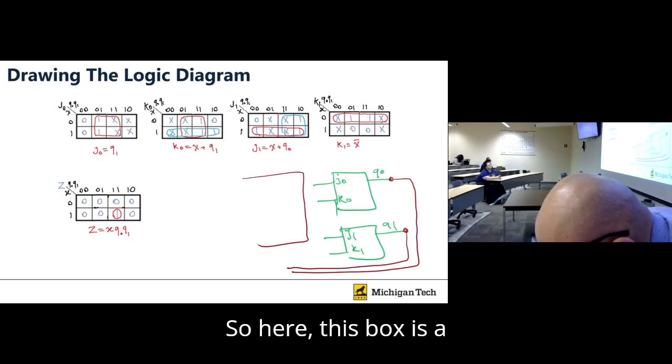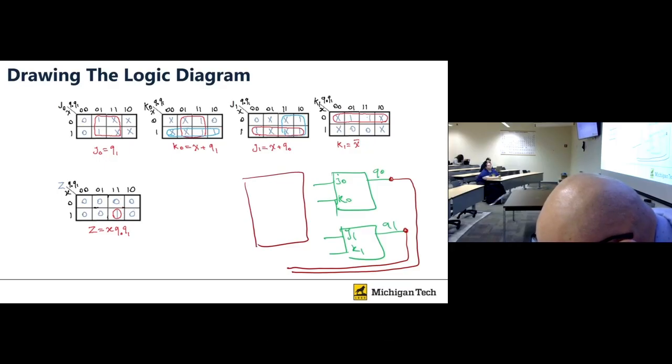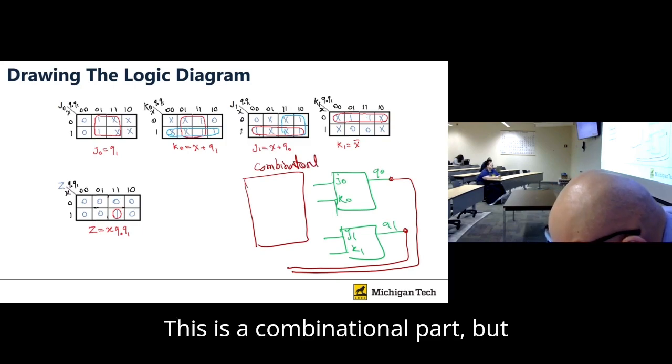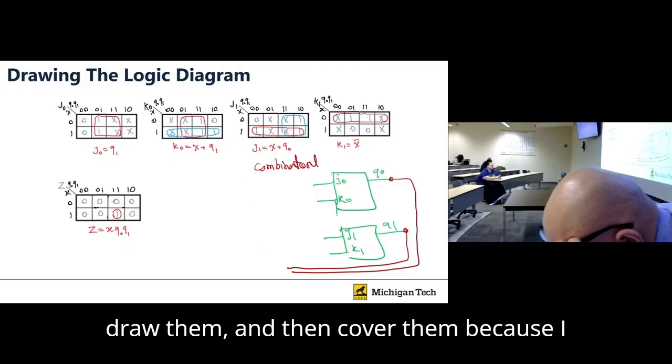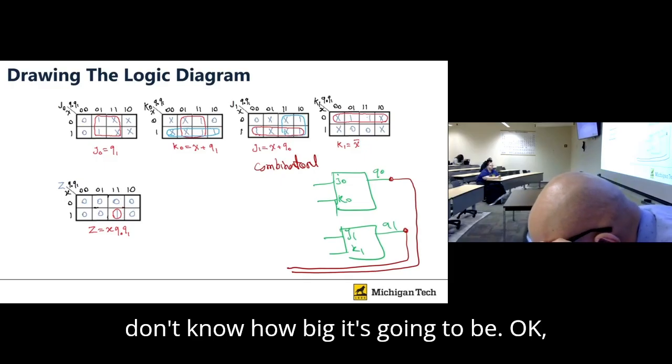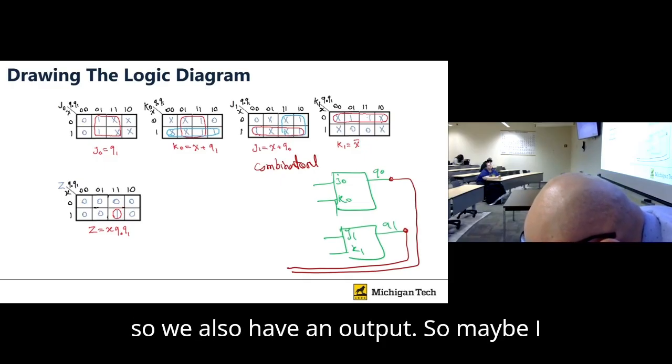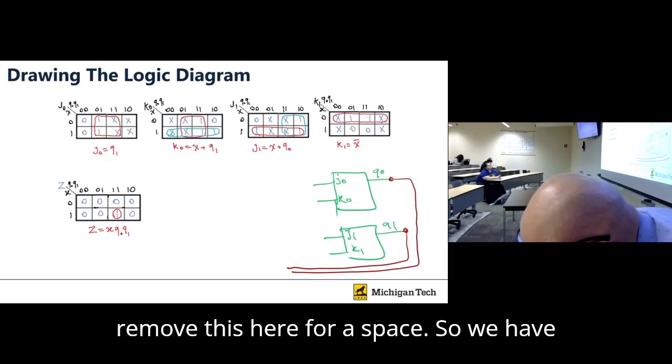Here this box is a combinational part. I'm just going to erase it, draw them, and then cover them because I don't know how big it's going to be. Okay, so we also have an output, or maybe I remove this here for space.